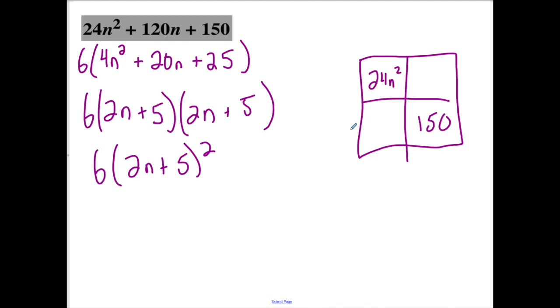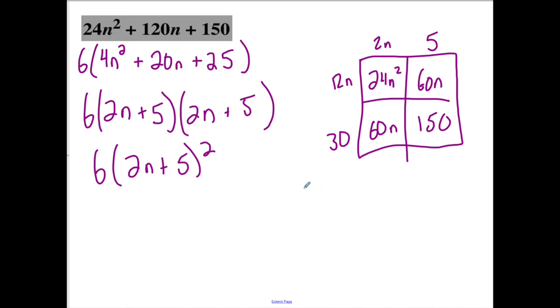So what I'm going to do is I'm going to do 30 and I'm going to do 5. And then what I'm going to do is I'm going to do 12 and I'm going to do 2. And this becomes 60n and this becomes 60n for a total of 120n. And then you've got 24n squared and 150.